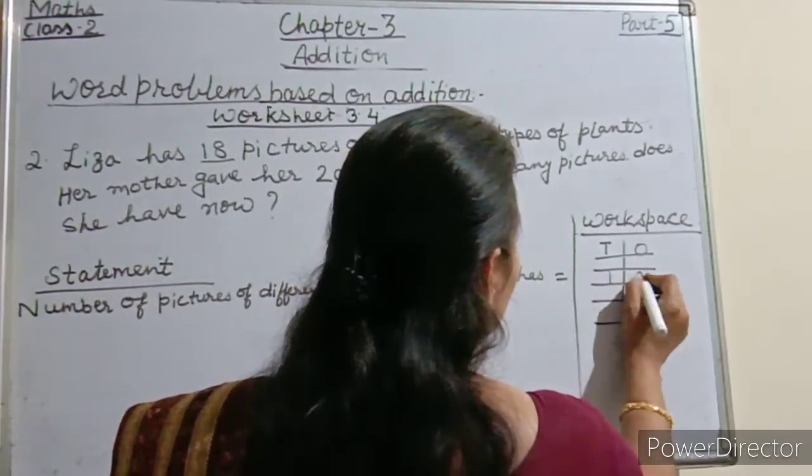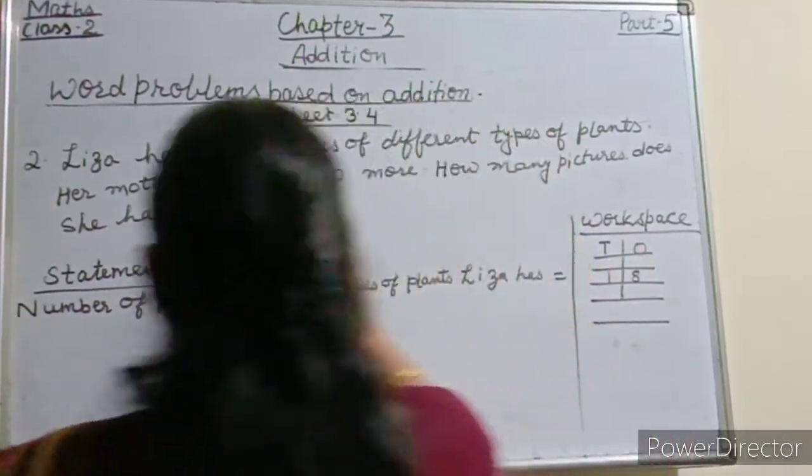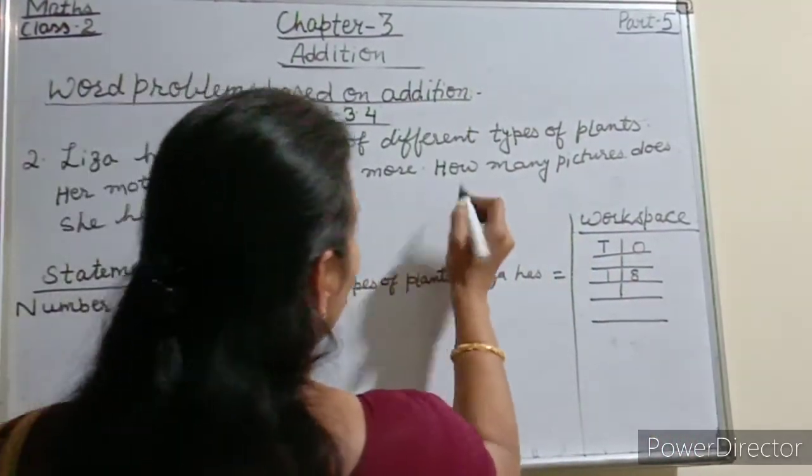So here we write 18. Her mother gave her 20 more.